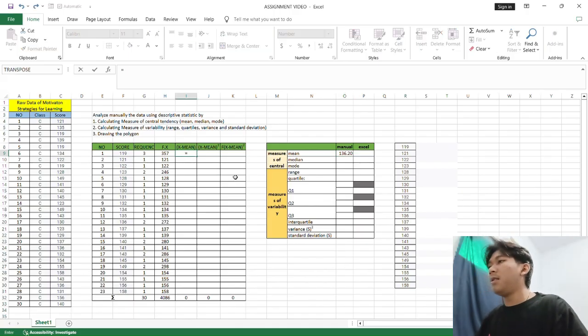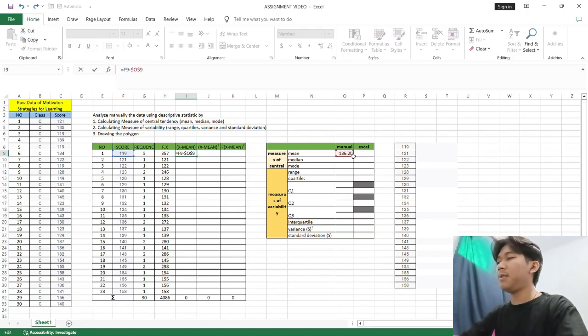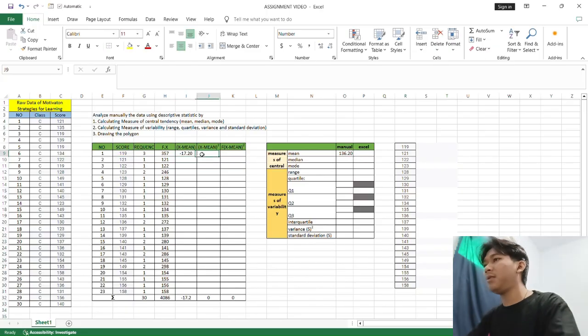Okay, so it is the score subtracted by our mean, so it's gonna be like this. Don't forget to put the dollar symbols on our mean so it doesn't move and cause any errors.